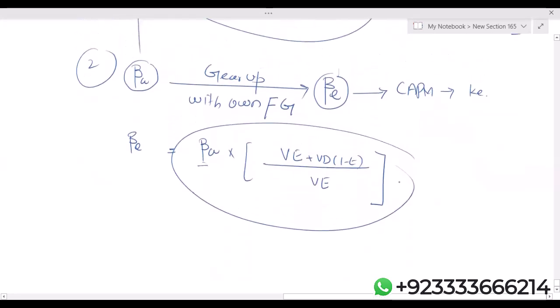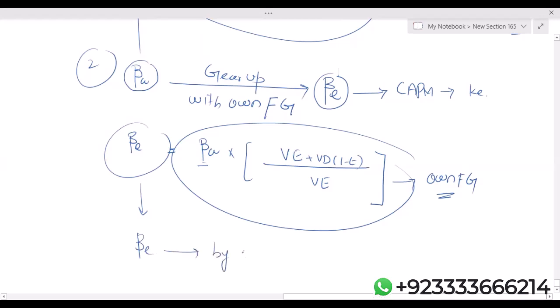Now here, we'll be using our own financial gearing. So equity beta is equal to beta asset into market value equity plus market value debt (1 minus tax rate) divided by market value equity.